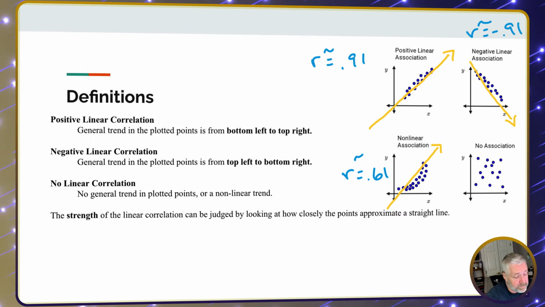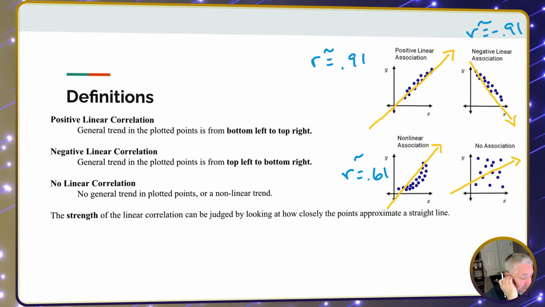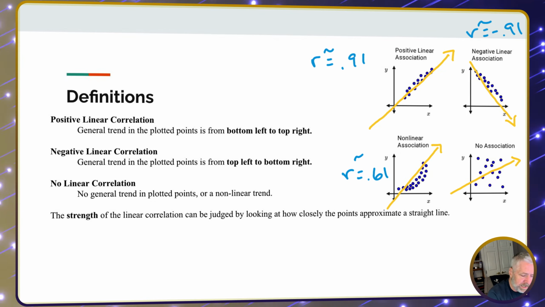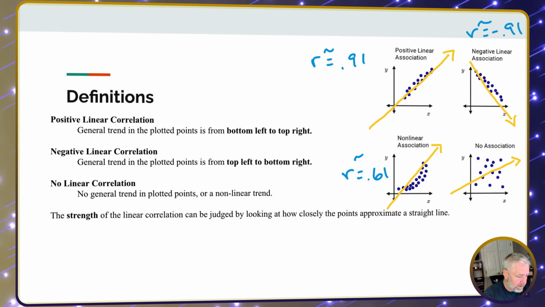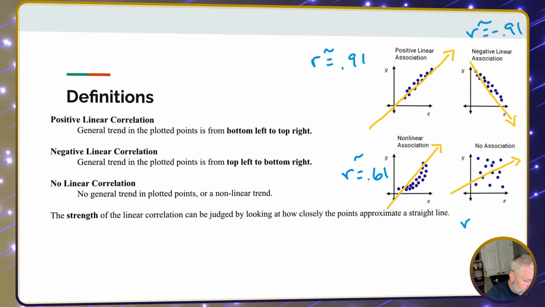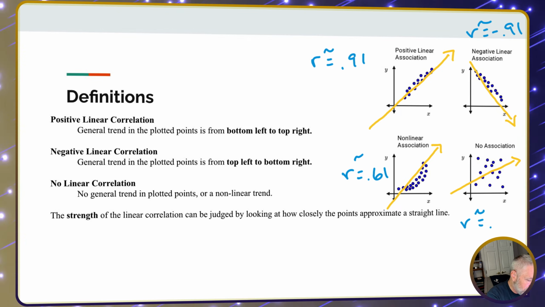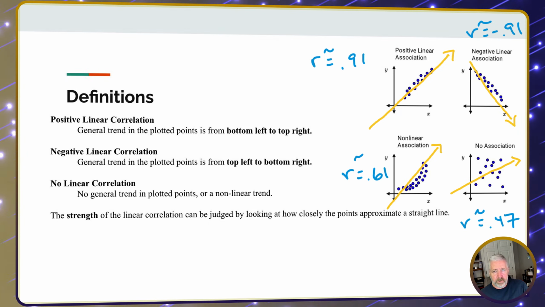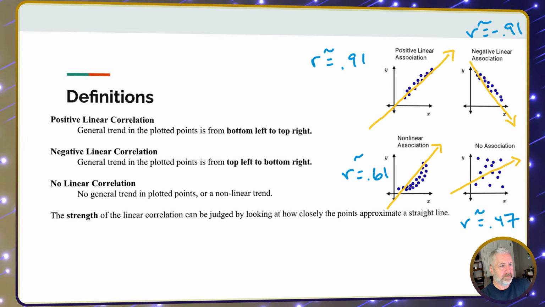I can put a line of best fit through there. And it may go something like that. Like I could actually crunch those numbers and do a line of best fit. But the association and relationship between that independent and dependent variable is not going to be good. So r is going to be approximately, I'm going to say on this one, 0.47. I'm just looking at the graphs and kind of assuming what the correlation coefficient might be based on the graph.